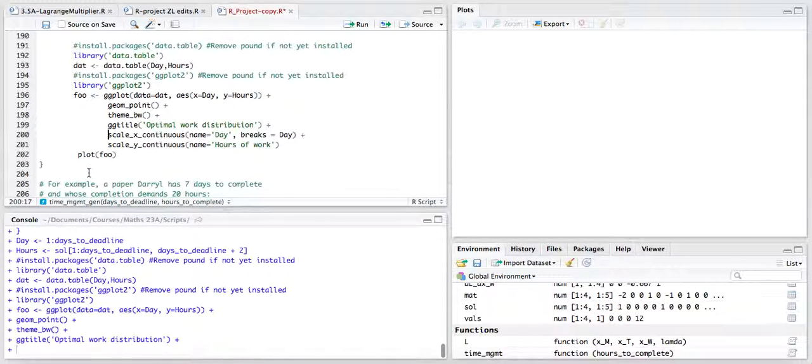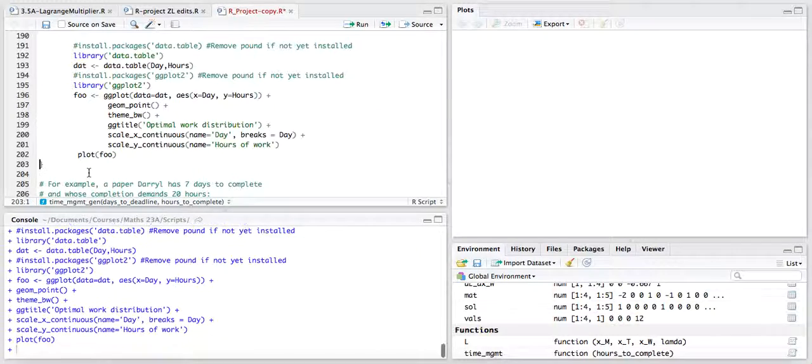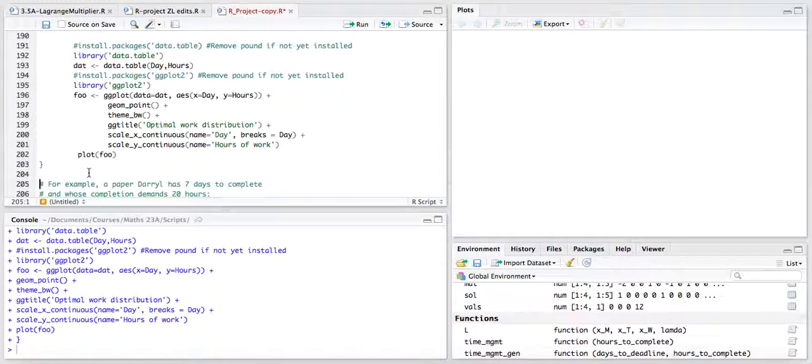This function is also going to spit out a graph, a plot, indicating the number of hours that he needs to work on the paper each day.